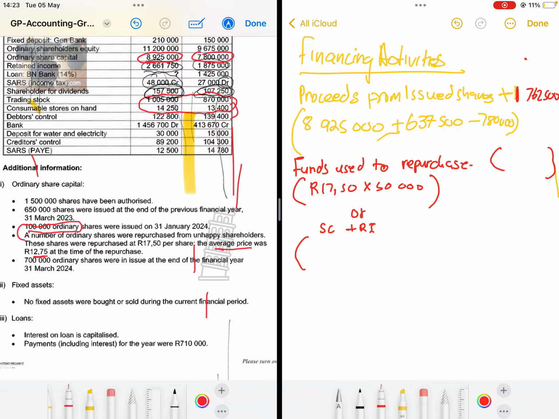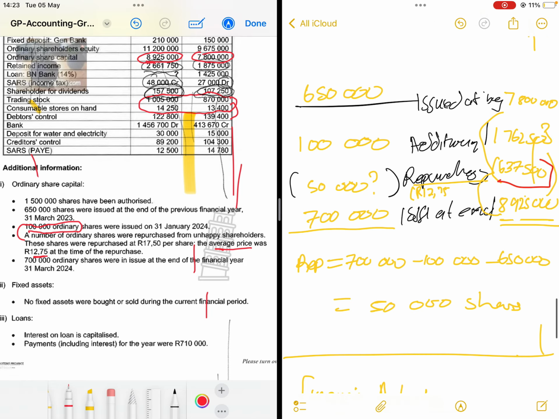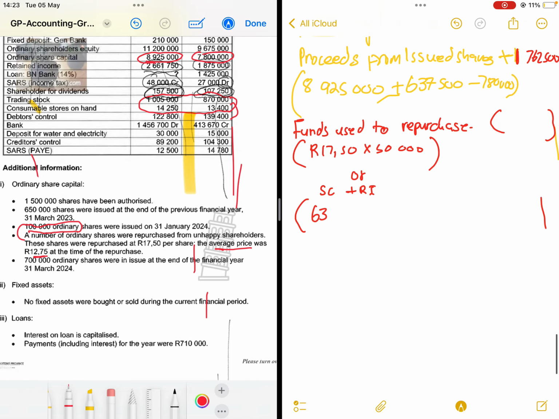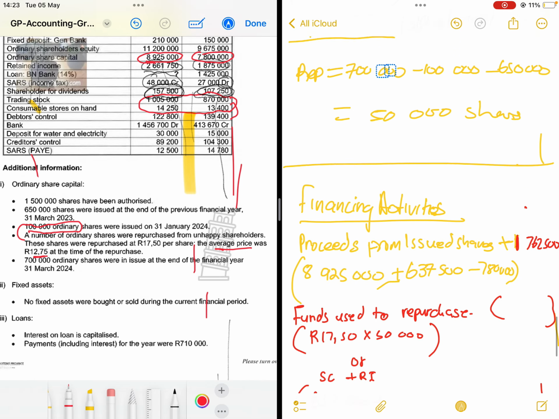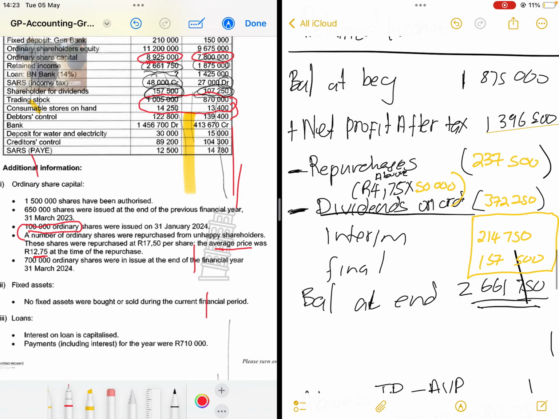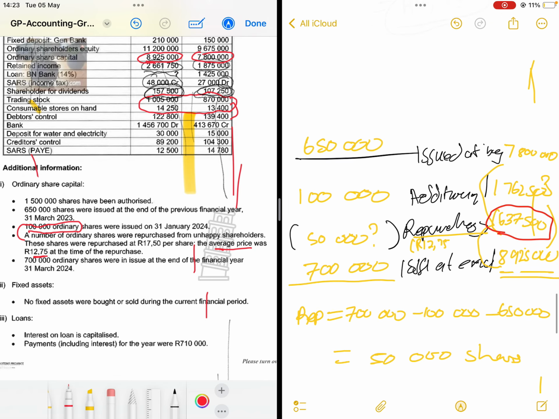The share capital repurchases was 637,500. I add the one for the retained, which was 237,500.